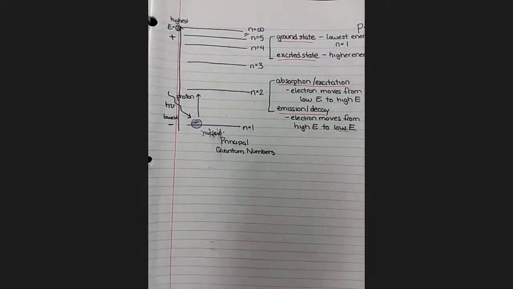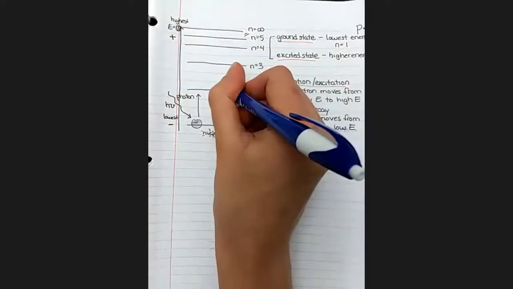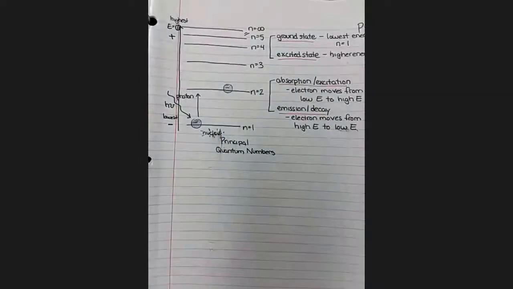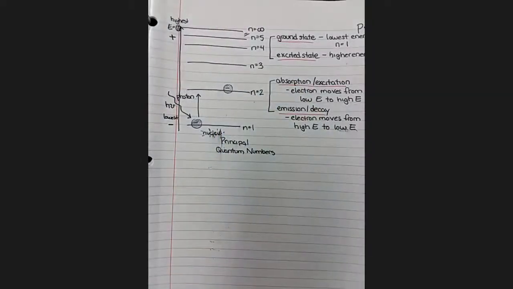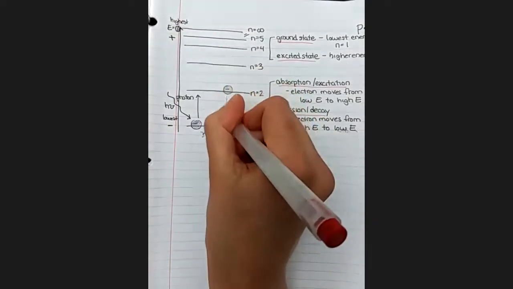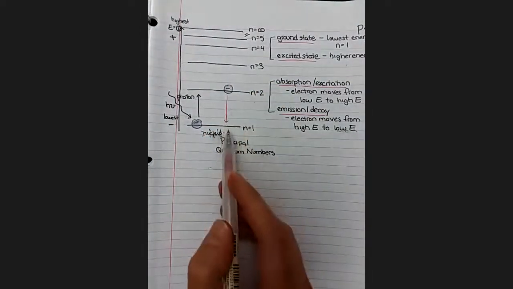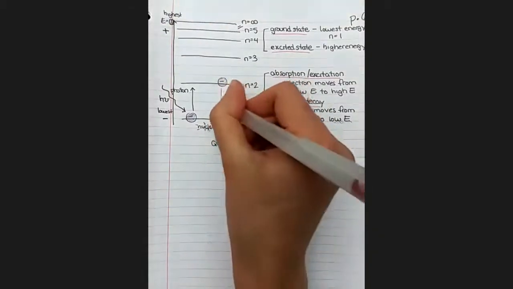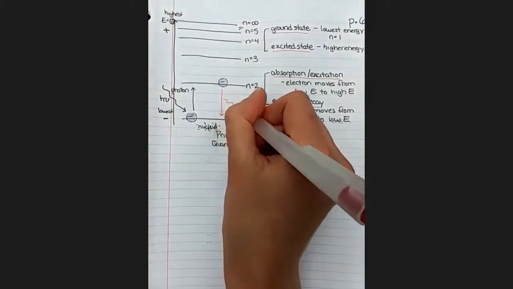If we wanted to draw a decay, we could put an electron here in the n equals 2 energy orbit, and we could say it decreases in energy down to n equals 1. And if it decreases in energy, that energy had to go somewhere because energy is not created or destroyed, so that energy is released.